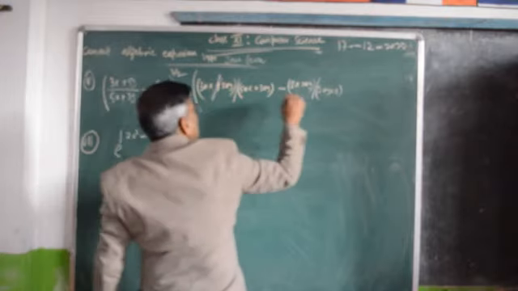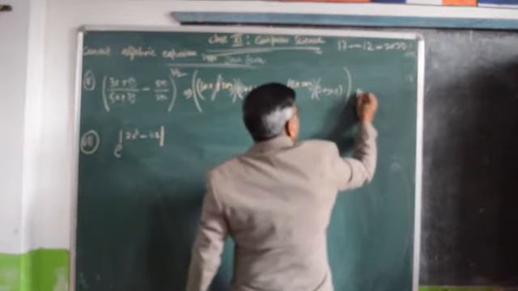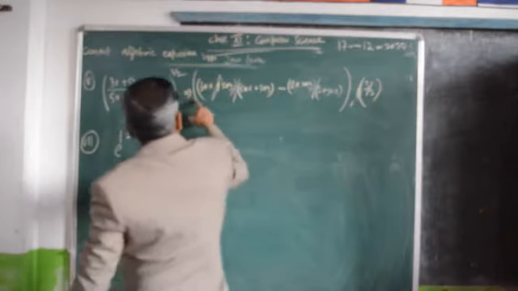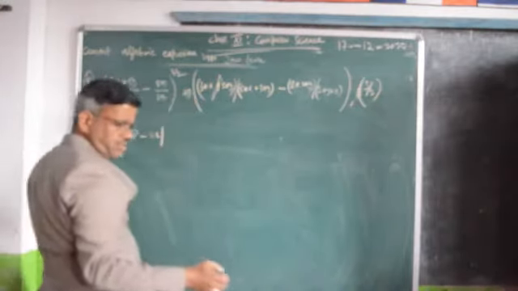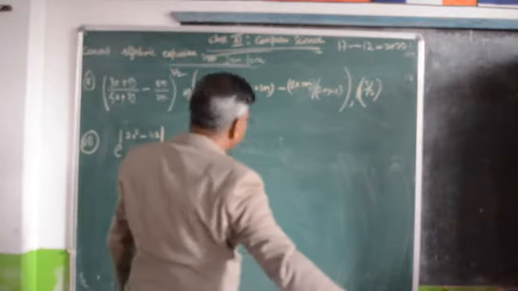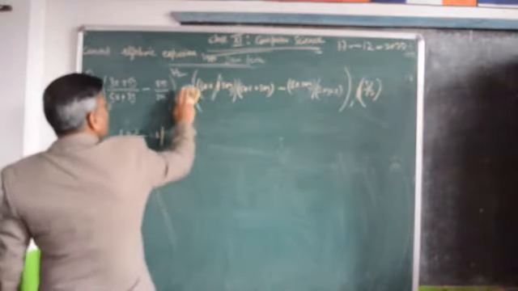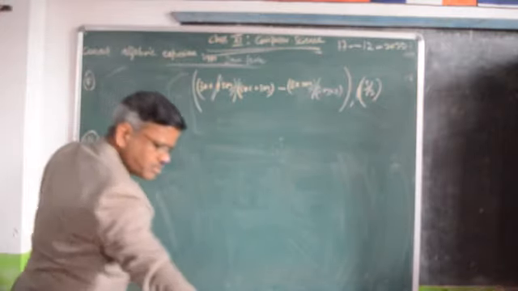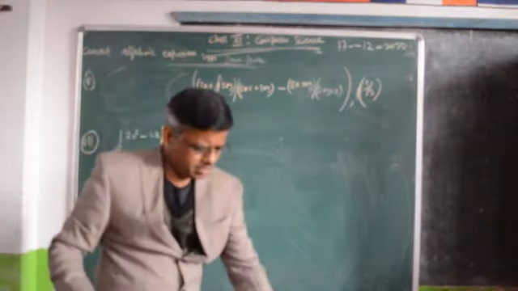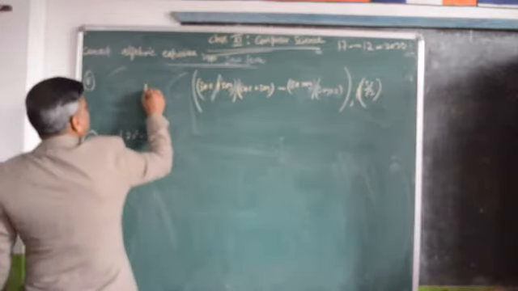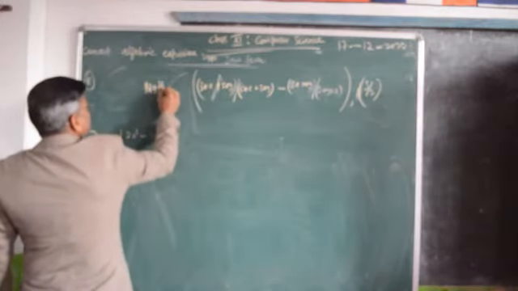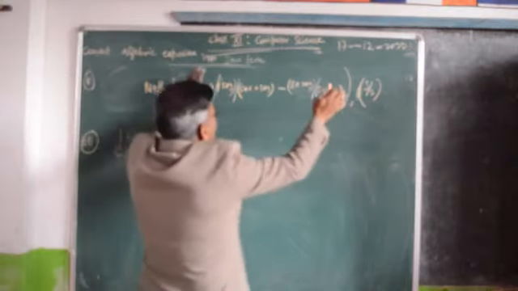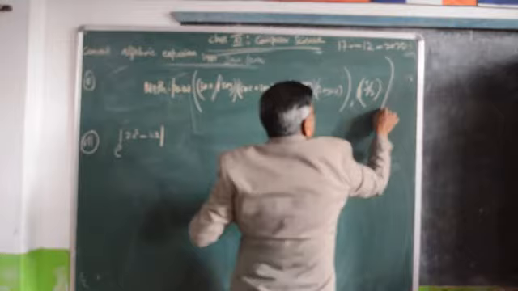The whole lot has to be, what you must write here? You must write math.pow. The whole lot raised to the power of 3 by 2.